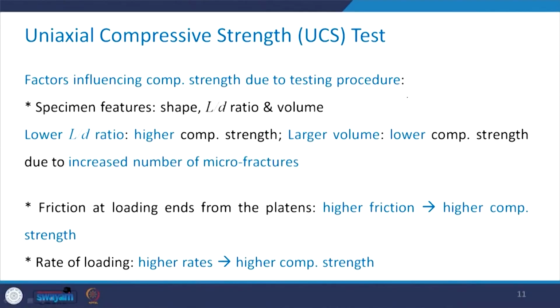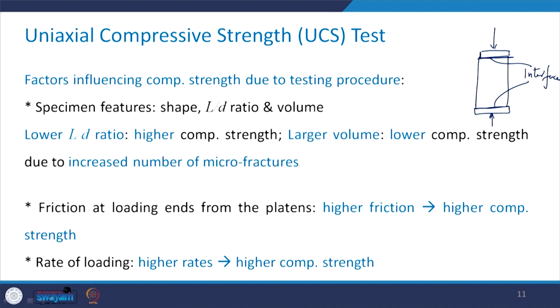Now, the next very important factor influencing the compressive strength is the friction at the loading ends from the platen. Let us say this is your specimen and there are the loading platens in the machine, and through these you try to apply the load. At the interface here and here, there is going to be friction.